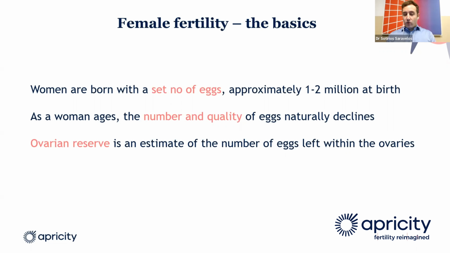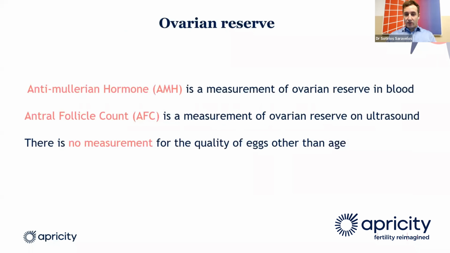Now, what we call ovarian reserve nowadays is a test that we have to count or estimate the number of eggs that a woman has left in her ovaries. And there's a number of ways we can do that. The two most popular ones are AMH, which is anti-Müllerian hormone.